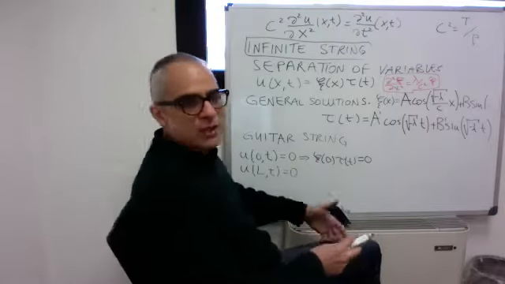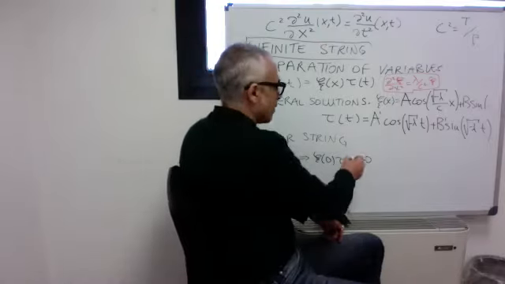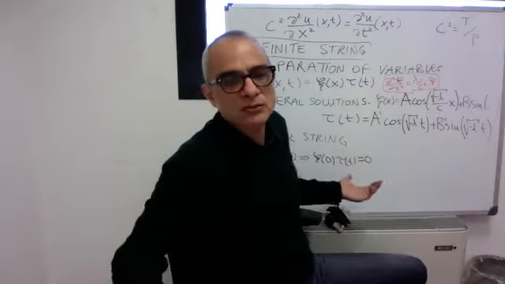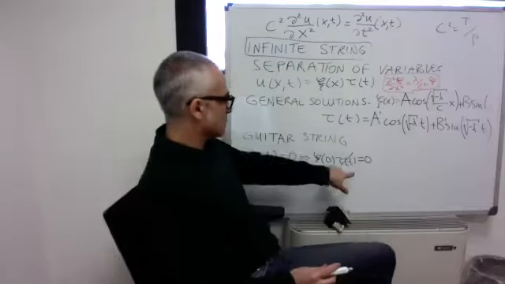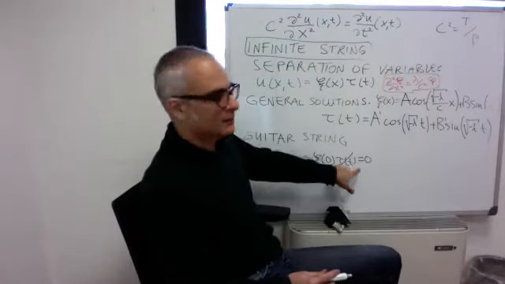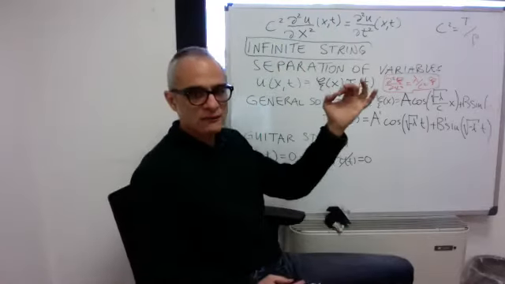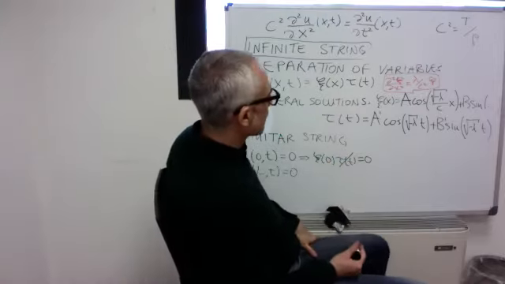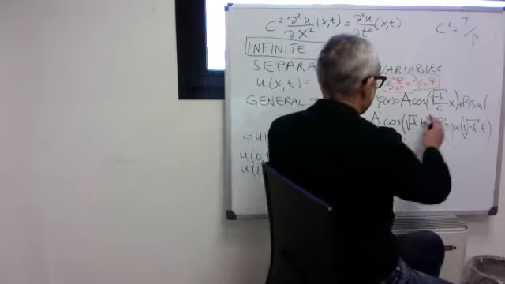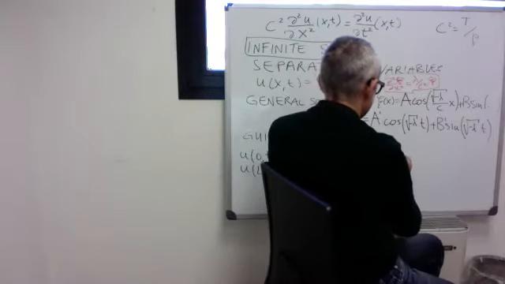Well, then we have to consider the case where tau is not necessarily 0 at all times. The string is doing something. So we are left with the condition that psi at the point 0, the first endpoint, is identically 0. Let's look at what this can tell us.